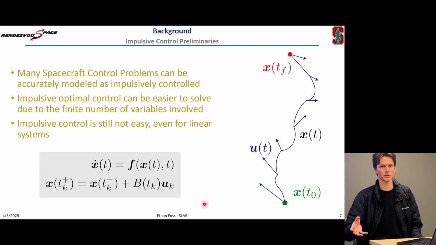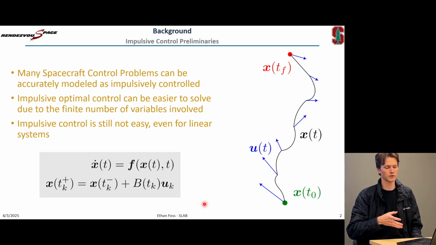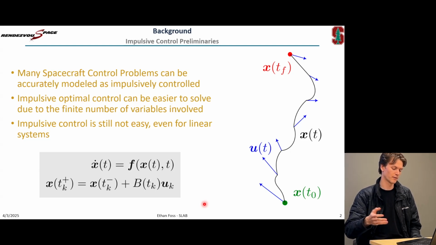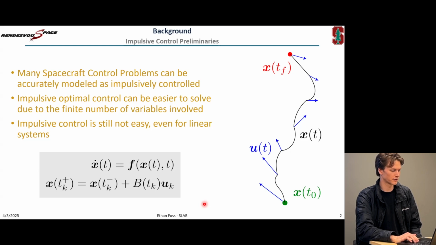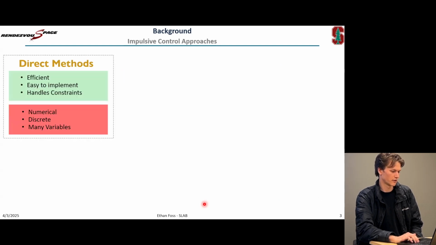But with an impulsive control problem, you're optimizing over a discrete set of elements instead of a continuous signal, which makes these problems a little bit easier.